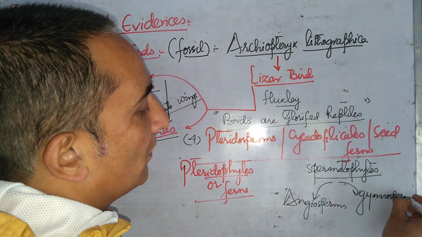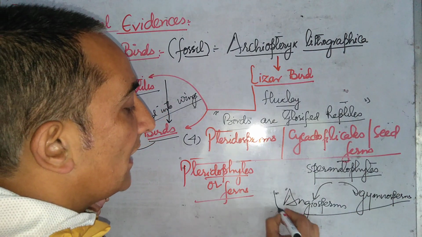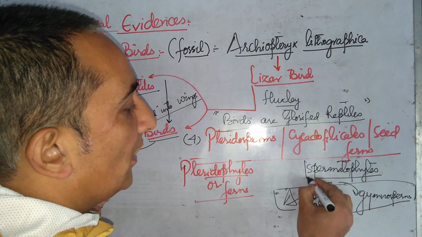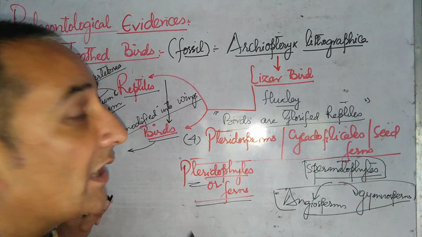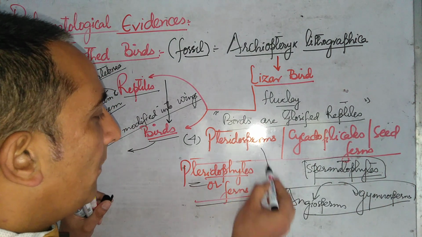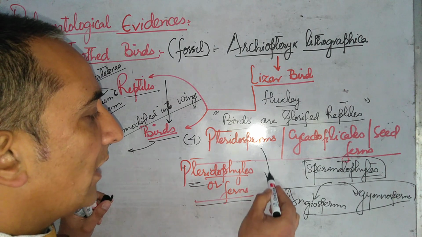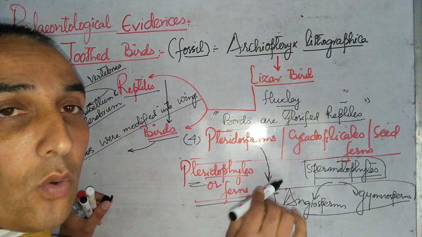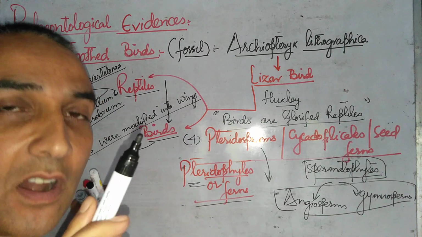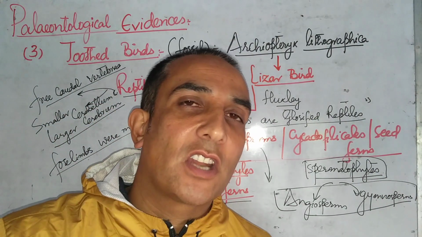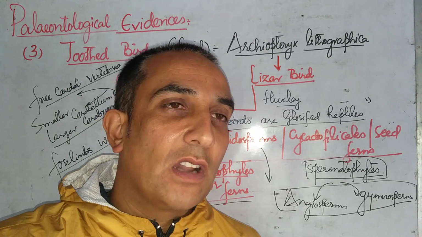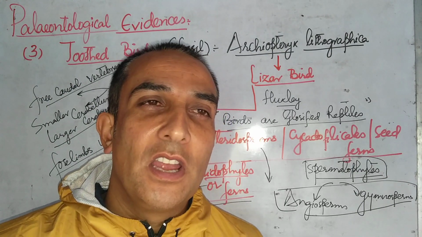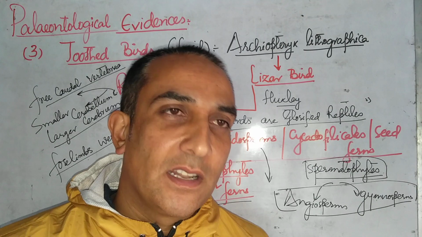Both these categories are included in the spermatophytes. This category of fossil plants is not presently found. They show some characters of the ferns or pteridophytes and some characters of the spermatophytes. That is why we call them a missing link between the pteridophytes and the spermatophytes.